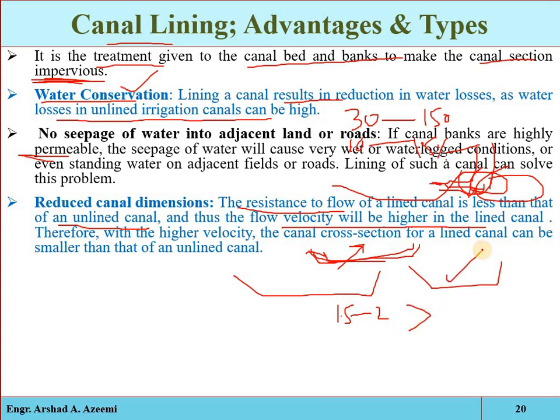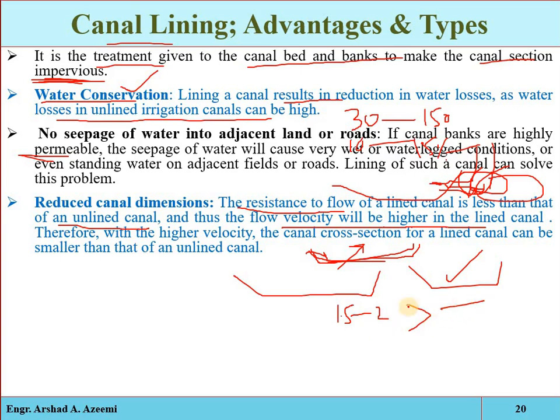Is it clear? The velocity in the lined canal of the same cross section and same longitudinal slope will be up to 2 times greater than the velocity of the unlined canal.